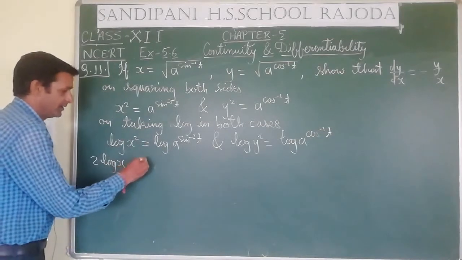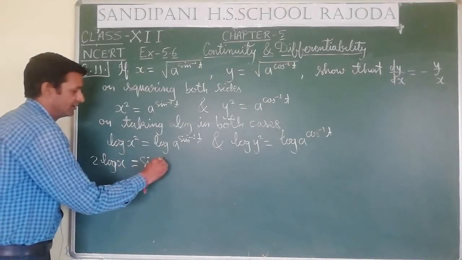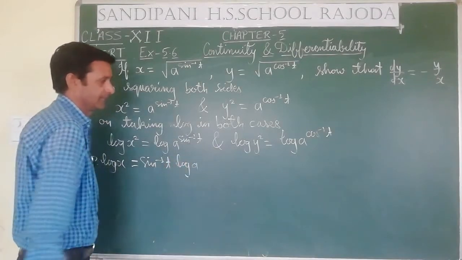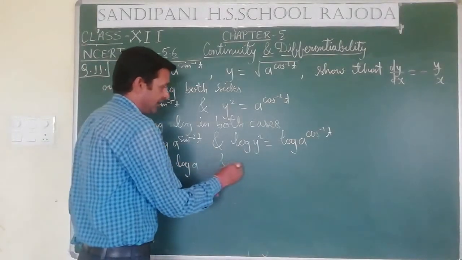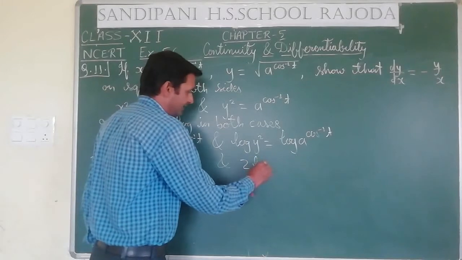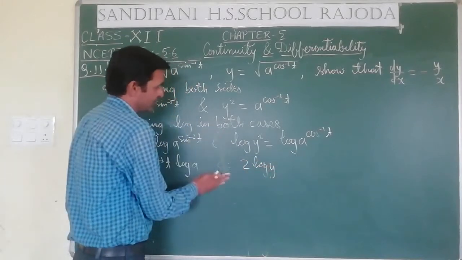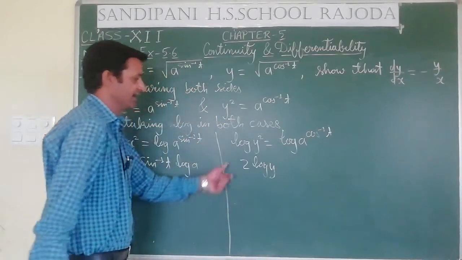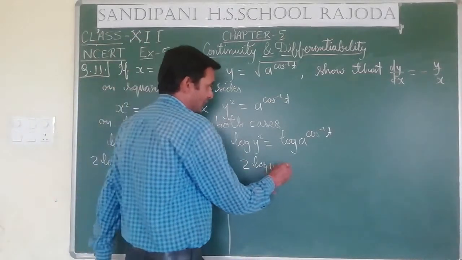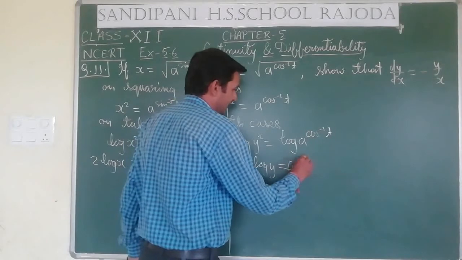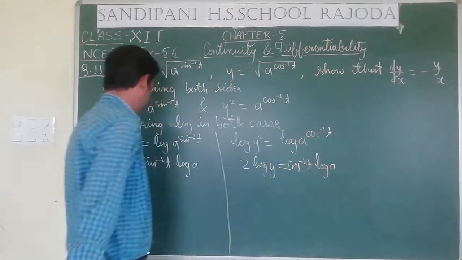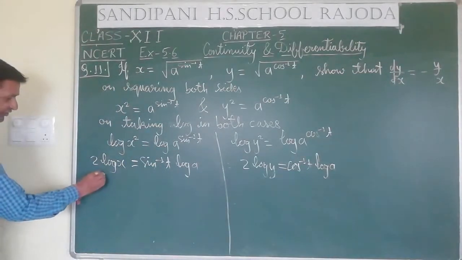So it will become sin inverse t log a, and here it will become 2 log y is equal to cos inverse t log a.